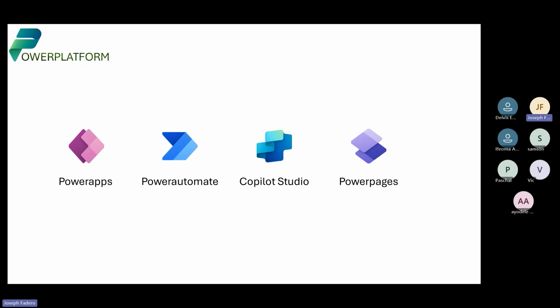Then Power Automate. Power Automate is a tool which I personally very much like, that helps you automate a lot of your repetitive processes. So imagine your day-to-day task is sending emails, or copying and pasting a document, or moving things from one place to another.